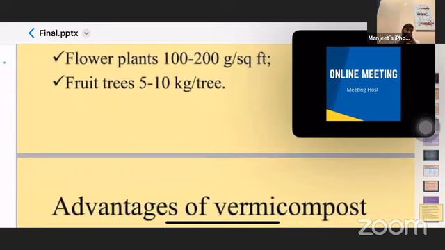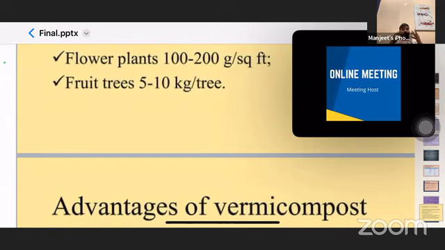Advantages: there are many advantages compared to synthetic fertilizer. Vermicompost is a rich source of nutrients, vitamins, enzymes, antibiotics, growth hormones. So it gives disease resistance to plants. Nutrient content of vermicompost is higher than traditional compost. It is a valuable soil amendment.